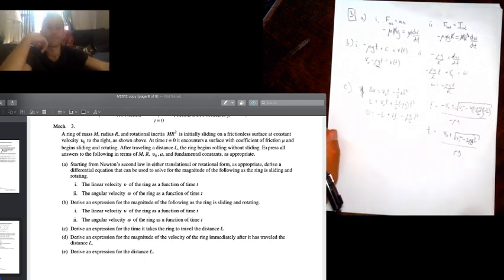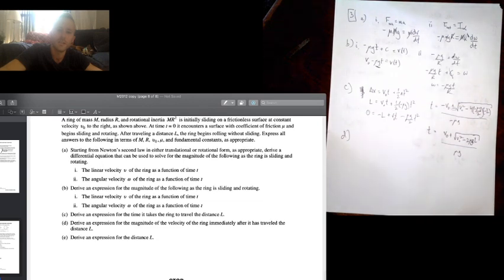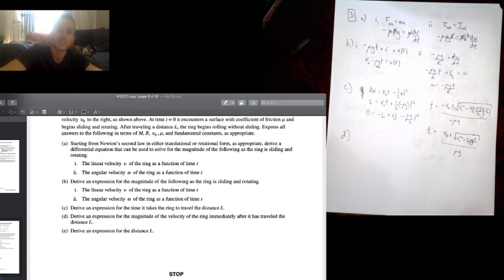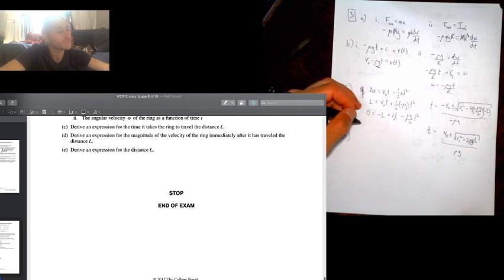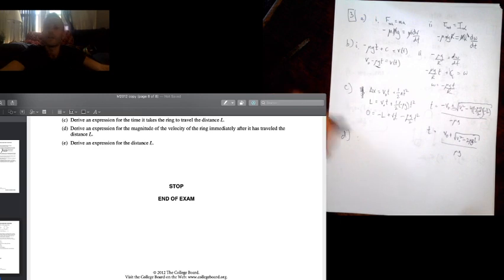All right. Derive an expression for the magnitude of the velocity of the ring immediately after it has traveled the distance L. So again, we're going to use another kinematics equation.